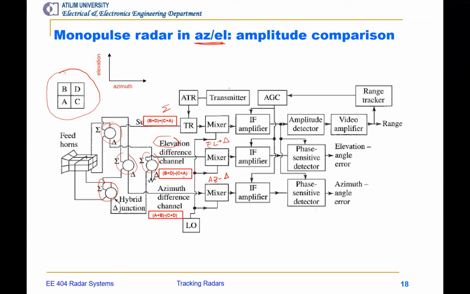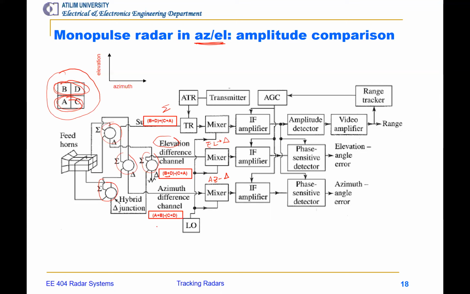But the difference signal in elevation is going to be the sum of BD minus the sum of AC. So the signals here and here are simply processed, and the difference is taken to get the elevation angle error signal.